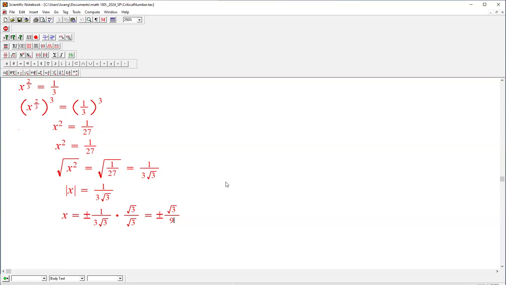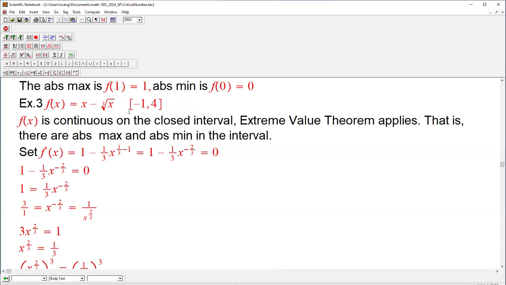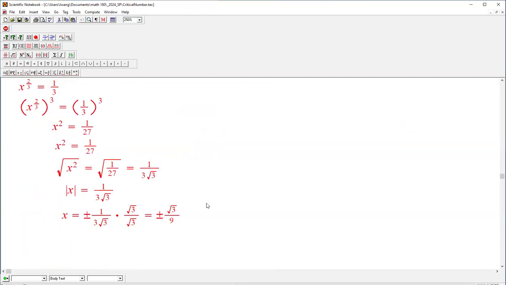Positive, negative. I think our interval does not include... Oh, it does. So this is the interval we have: a is -1, b is 4, and we have 2 critical numbers.